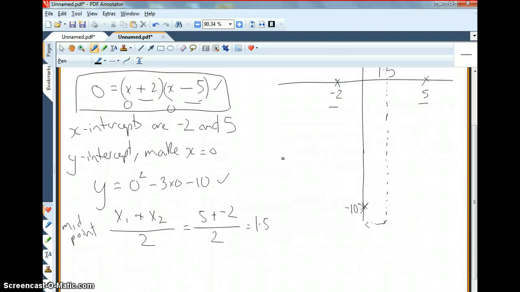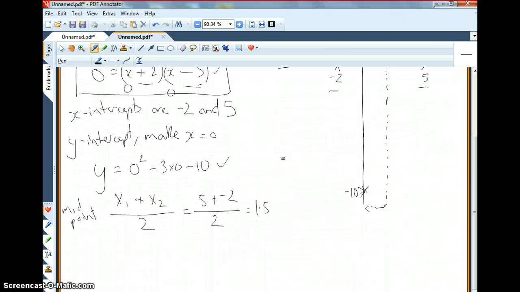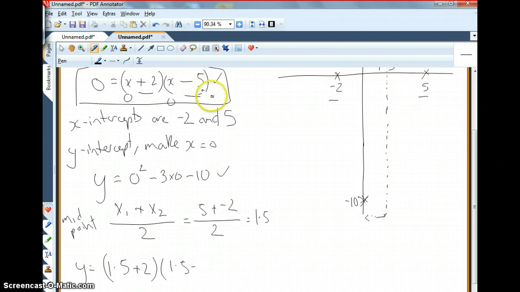So I'm going to put 1.5 plus 2 multiplied by 1.5 minus 5.